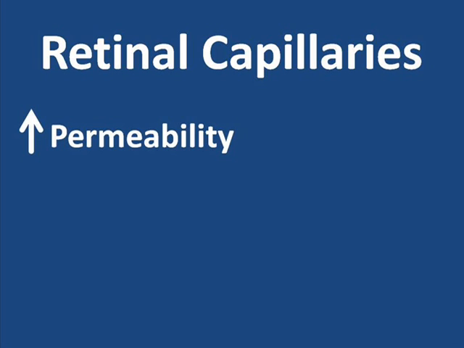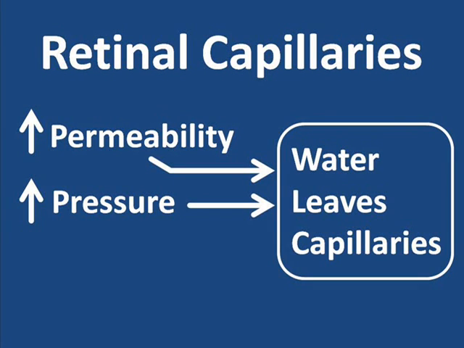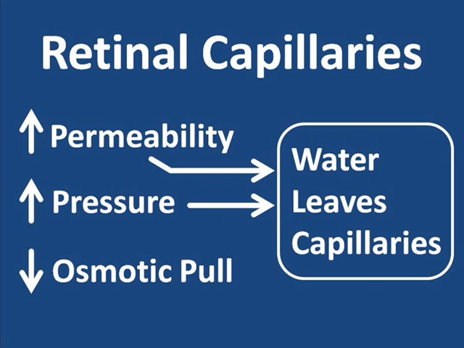The increase in the permeability of the capillary wall due to the breakdown of the blood-retinal barrier, when combined with the greater hydrostatic pressure present in the retinal capillaries, allows a greater outflow of water and plasma protein from the retinal capillaries into the interstitial spaces. This migration of plasma proteins and smaller solutes greatly diminishes the osmotic pull of water back into the retinal capillaries, further exacerbating the leakage of fluid into the retina.